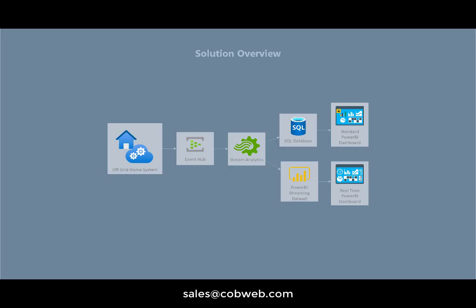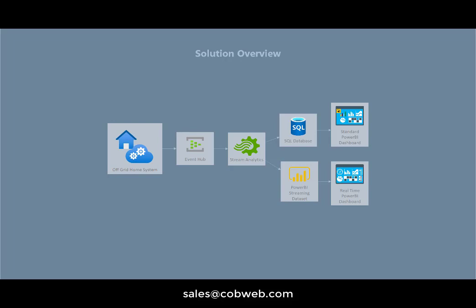The first place being the actual Power BI streaming data set and also a SQL database. And this SQL database would store the same data that you would be seeing in your streaming data set, but it would allow us to historically analyze the system and how it was performing. So we basically came up with two parts of the solution here.